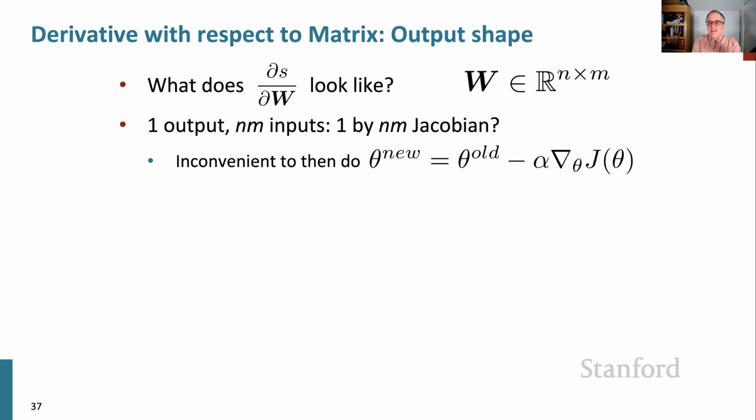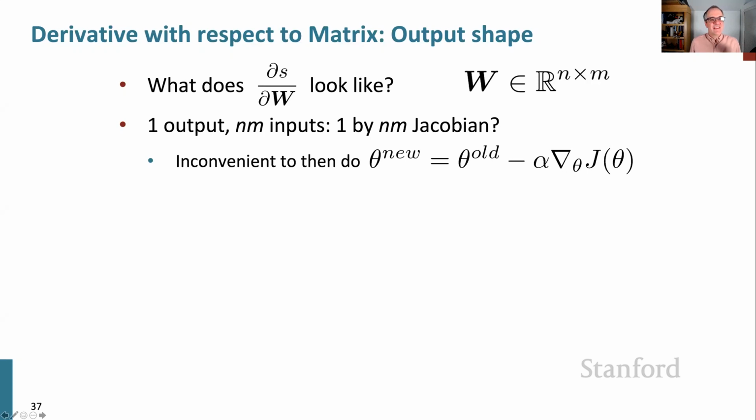That's correct math, but it turns out that it's kind of bad for our neural networks. Because remember, what we want to do is stochastic gradient descent, where theta new equals theta old minus a small multiplier times the gradient.